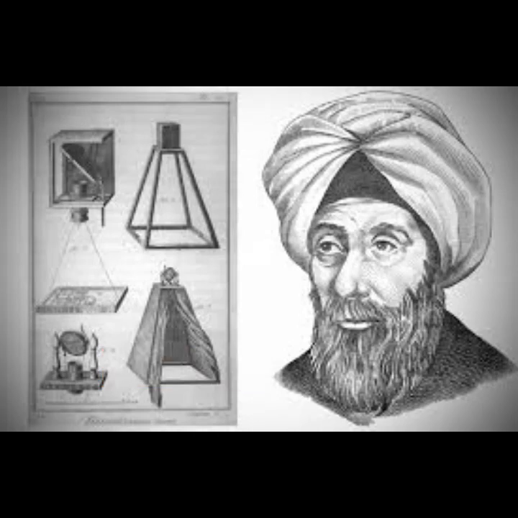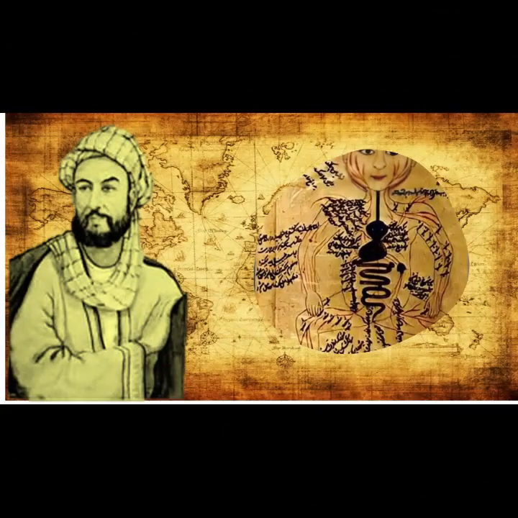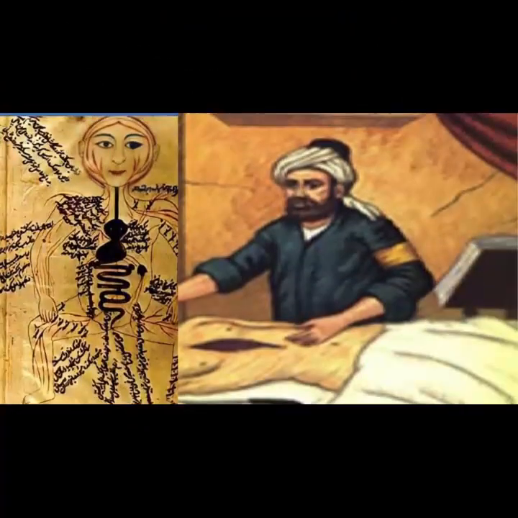We will now talk about the second Arab and Muslim scientist who made his mark in the discovery and invention of modern science. He is Ibn al-Nafis, who was born in 1210 in Damascus, Syria. He was a Muslim polymath who excelled in medicine, anatomy, physiology, and other fields of knowledge. He is famous for being the first to describe the pulmonary circulation of the blood, which challenged the ancient theory of Galen.